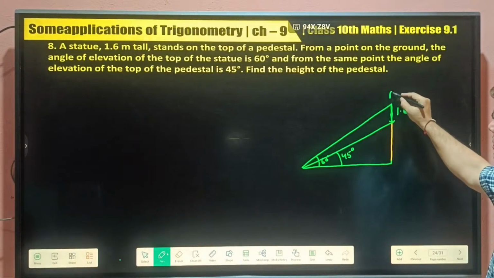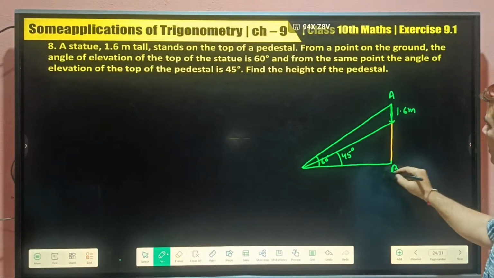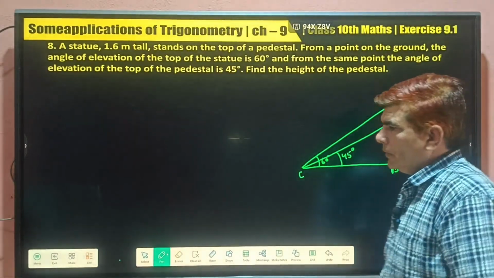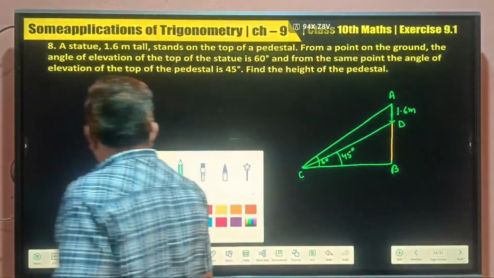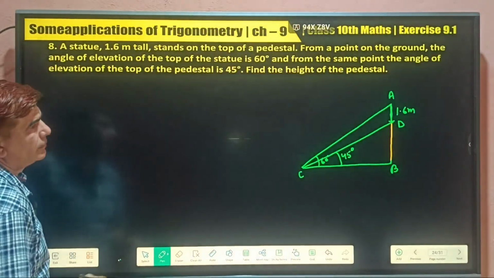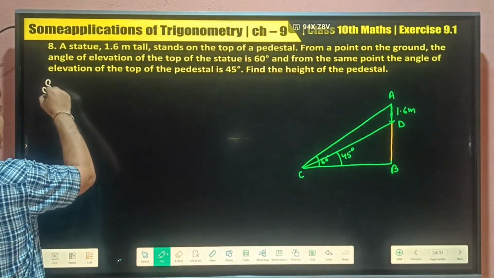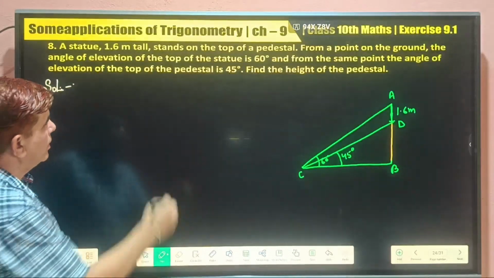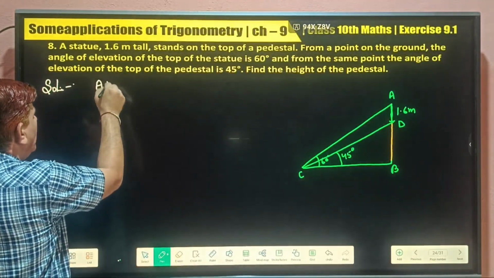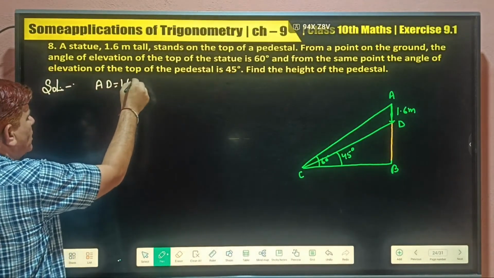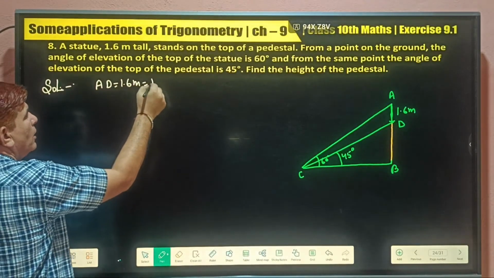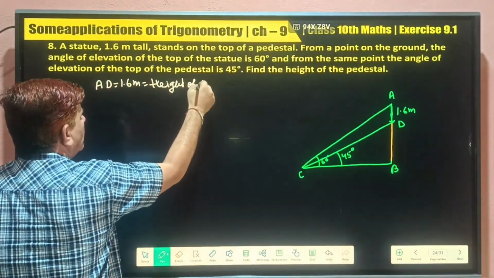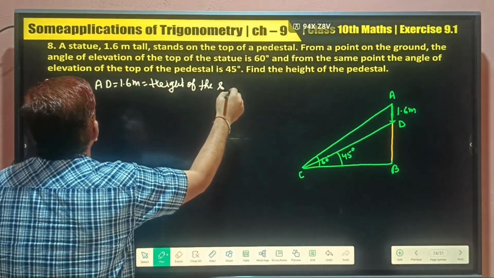So we can say this is A, B, C, D. Here, what's given? Solution. AD equal to 1.6 meter is equal to the height of the statue.